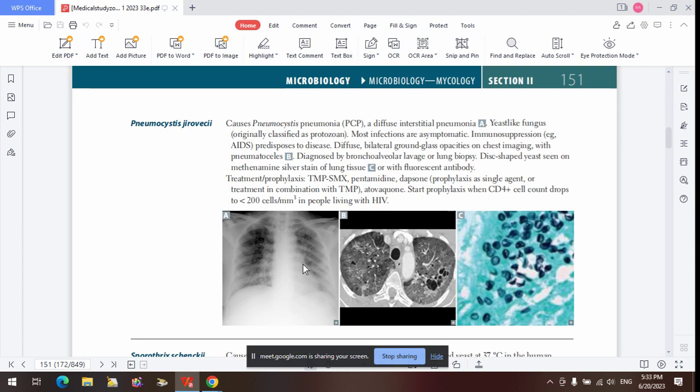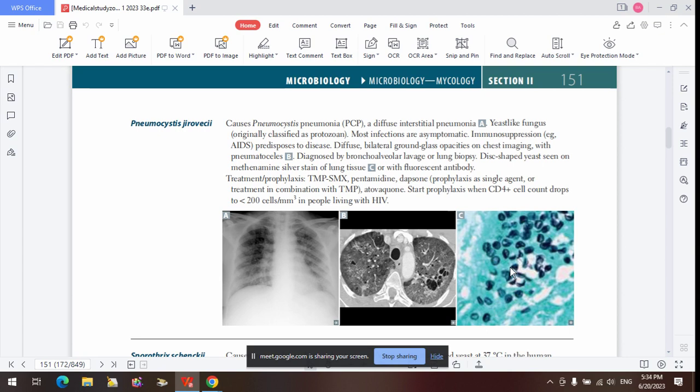So what are we going to see? We are going to see disc-shaped yeast with our methenamine silver stain. So we said methenamine silver stain works for fungi. Fungi is the first thing that will come to our mind whenever we see the methenamine silver stain. So it's just going to appear like a disc, these are the organisms, these are the yeast of this Pneumocystis that we are seeing here.